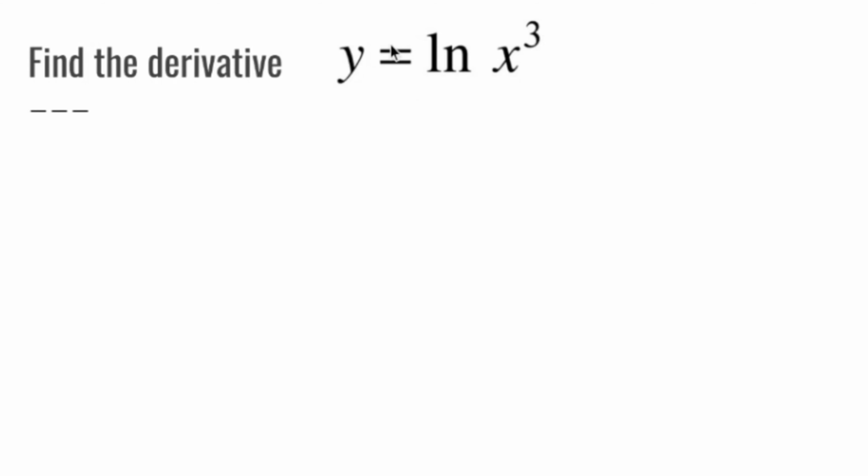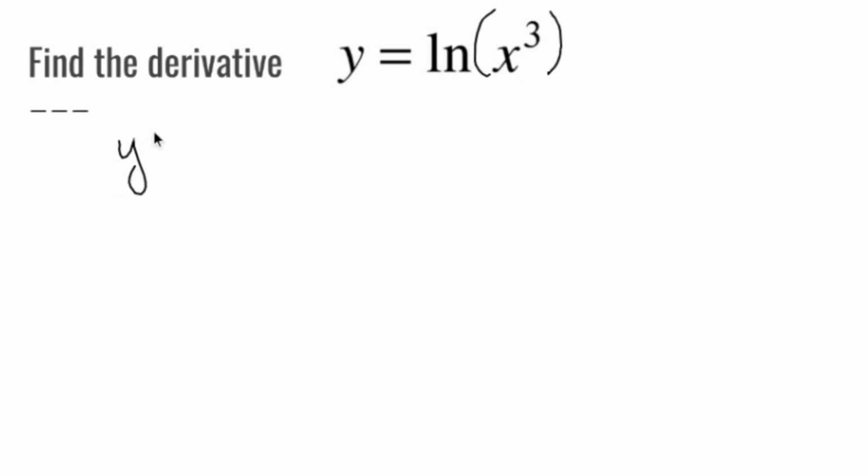Find the derivative of y equals ln of x cubed. Well, the derivative of ln of x is 1 over x. But this isn't ln of x. This is ln of x cubed, which is going to require the chain rule. So let me throw that in parentheses. The chain rule is you take the derivative of the outside.